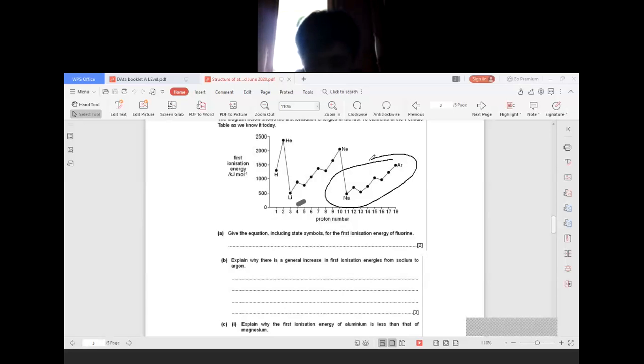Therefore, across the period, the shielding effect will be the same. But the nuclear charge increases, because there are more electrons and more protons, so they have more attraction.